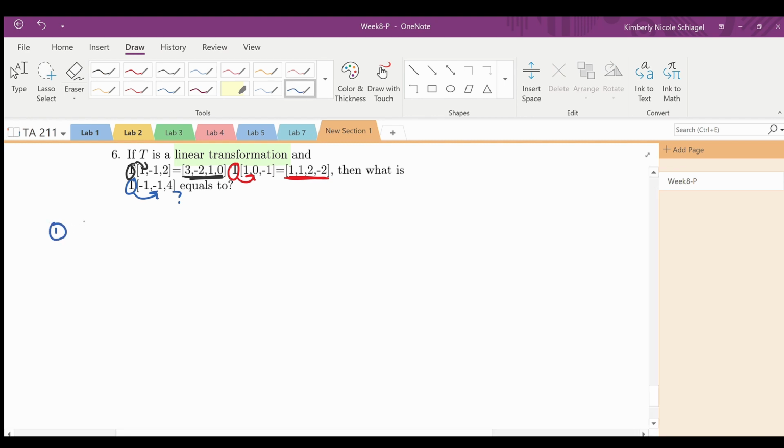I'm going to give these vectors names to make it easier.